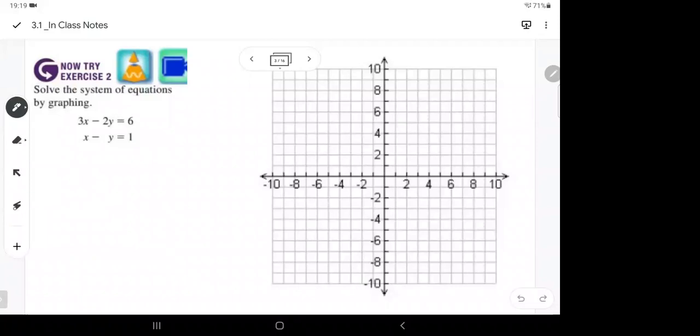So remember, when you're doing graphing, this method is by graphing. What we've got to do is solve for y. So we'll do the first one, 3x minus 2y equals 6. I'm going to subtract 3x.